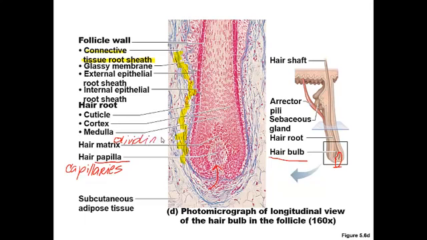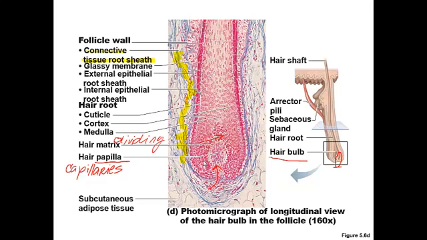You can see the hair matrix is pointing to the very center right here. As the cells continue to divide, they're going to be pushing in an upward direction, and as that process happens, they continue to keratinize more and more and continually die as they move out towards the hair shaft.